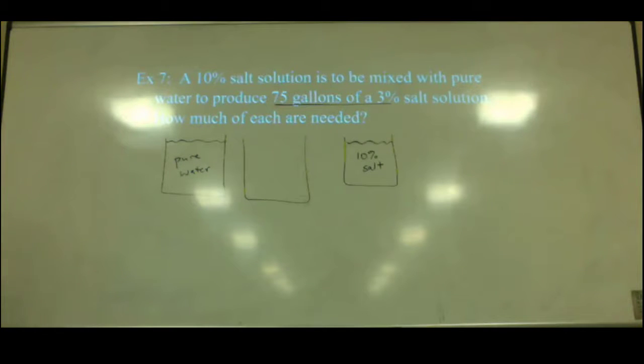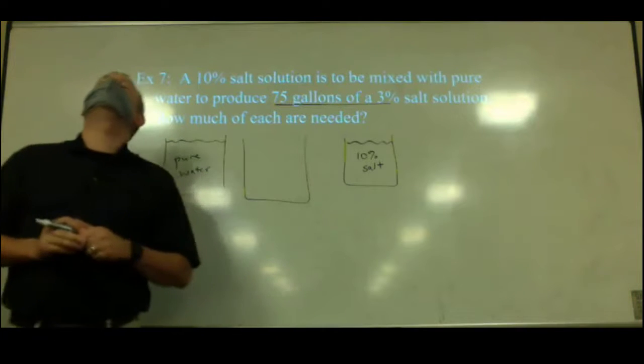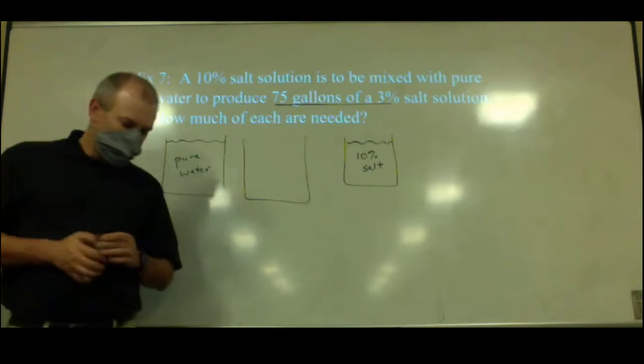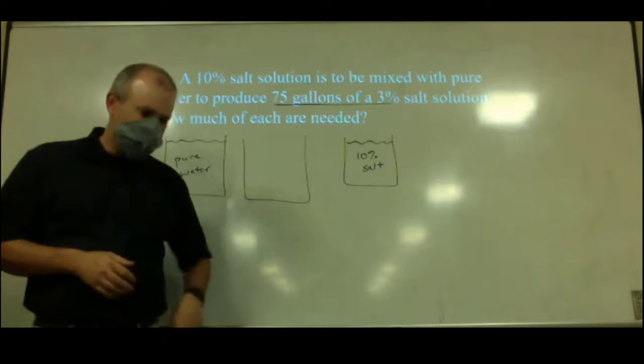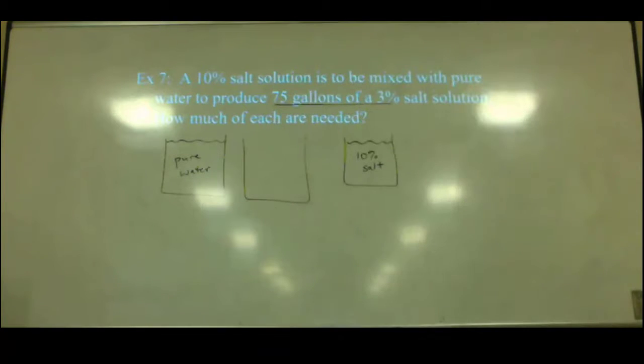So the idea is, let's see if we can think of a good example. Just so you know how cheap I am, when our kids were little, we would buy juice, and they drink juice like pigs. So what you do is you mix the juice with the water so that it lasts longer, even though it doesn't taste as good.